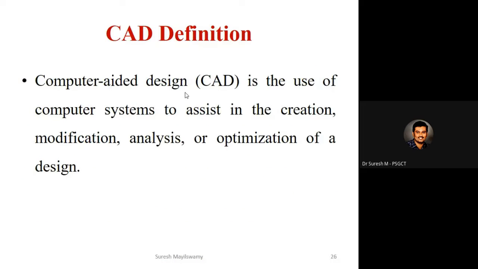Computer aided design is the use of computer systems to assist in the creation, modification, analysis or optimization of a design. Here we can create a new design, or we can modify an earlier design. In the same way, the new design and the earlier design will be analyzed as well as optimized by a software system. That software is called CAD, computer aided design.